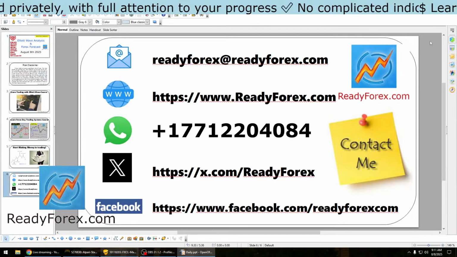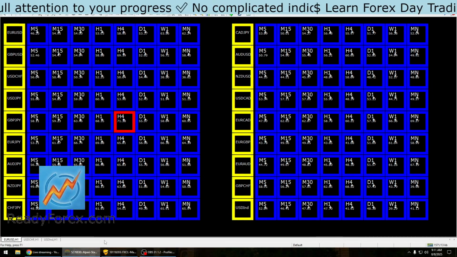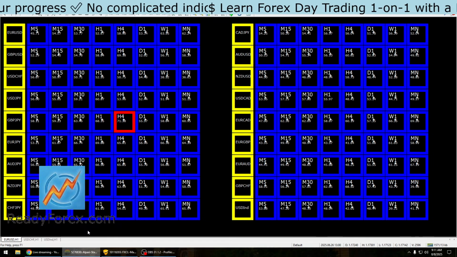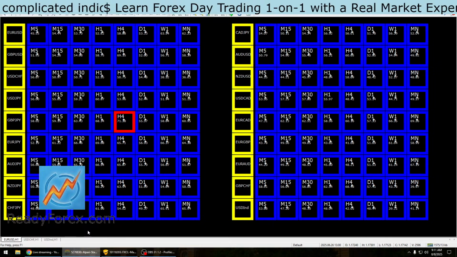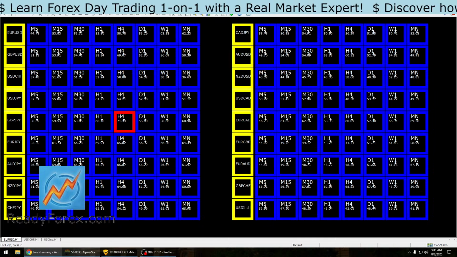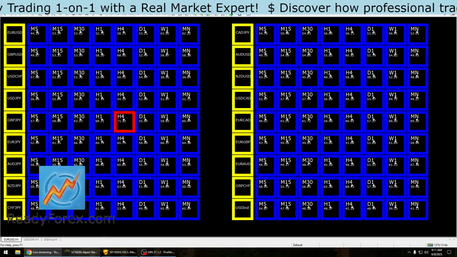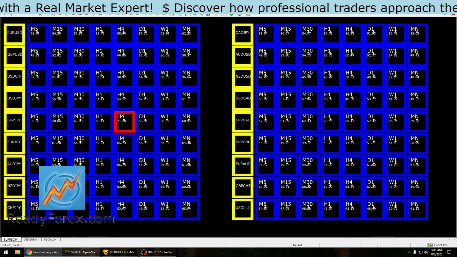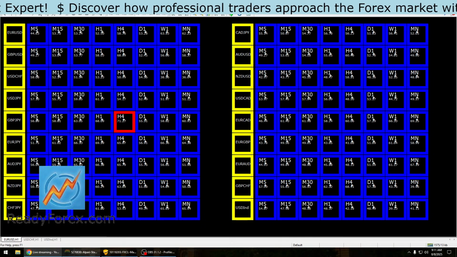Okay, let's get started. First things first, let us take a look at my trading terminal and see what's going on in different pairs. So far most of these pairs are going sideways.